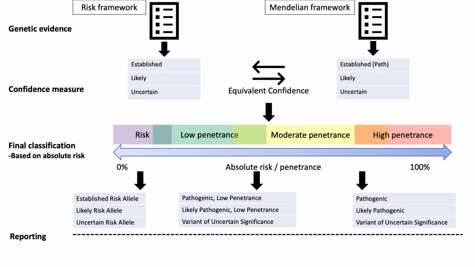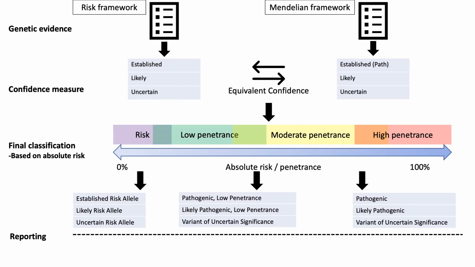If it was going to be clearly refuted, and no one is ever going to think that it's a risk allele, we probably end up calling it benign or whatever it might be, based on the Mendelian framework. So you can downgrade these things and you should, but if the evidence gets so strong, you would go back into the Mendelian framework and go outside of the risk one.